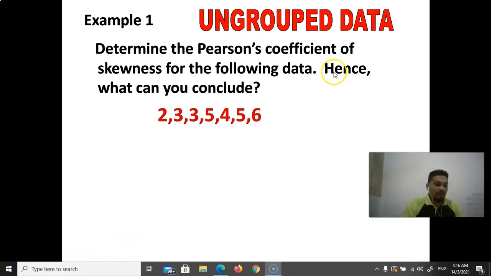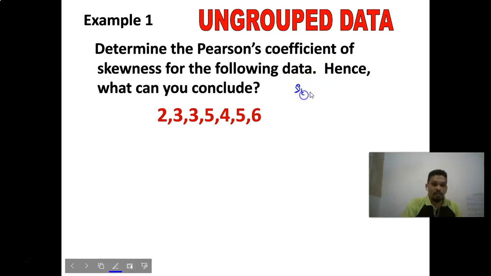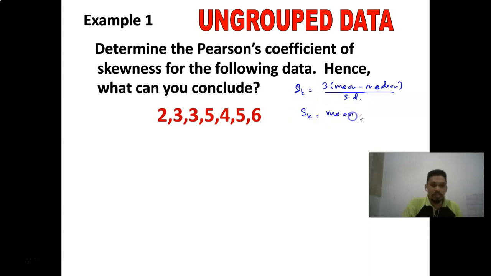So now class, the first formula of Pearson coefficient equal to 3 times mean minus median divided by standard deviation, and another formula which is mean minus mode divided by standard deviation. Look at the parameters here: mean, median, standard deviation, and mean, mode, standard deviation.